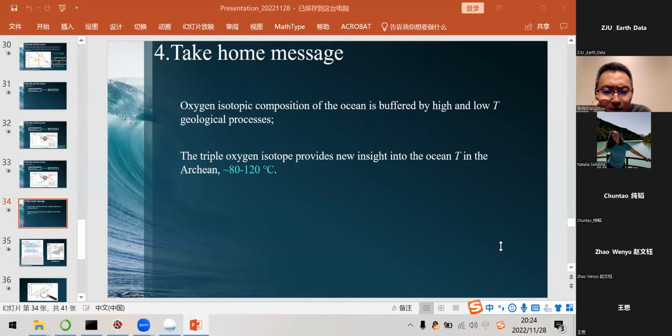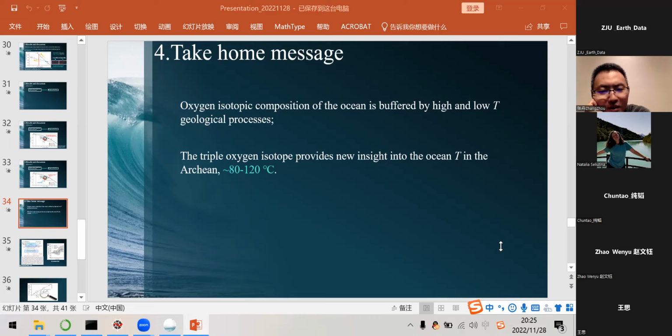If they're right, then with the very high temperature in the Archean ocean, I would expect very fast evaporation, because when water is at 80 degrees C, evaporation will be very efficient.